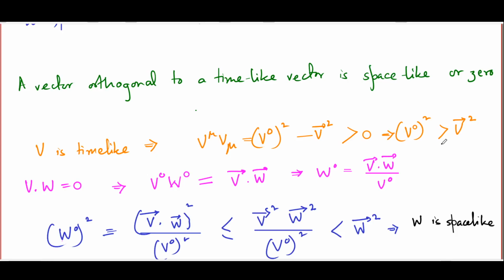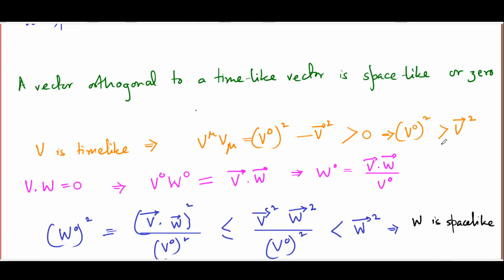Now since V0 square is larger in size than V vector square, this has to be smaller than W vector square. So for the vector W, the temporal part has to be smaller in size than the spatial part.